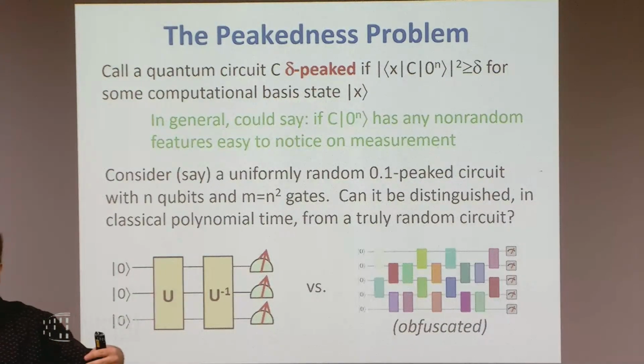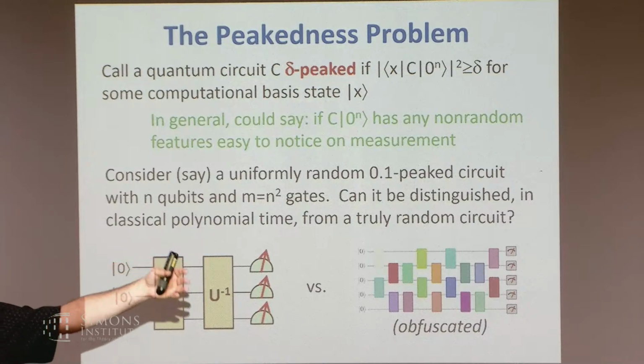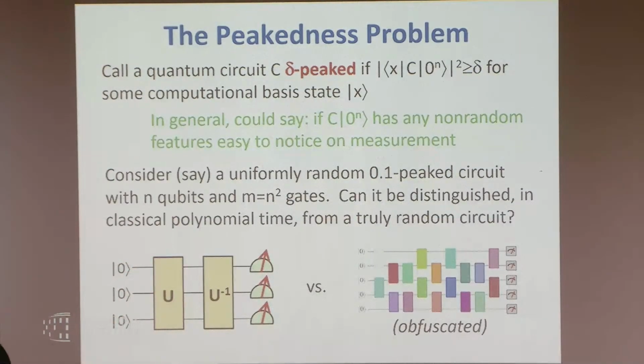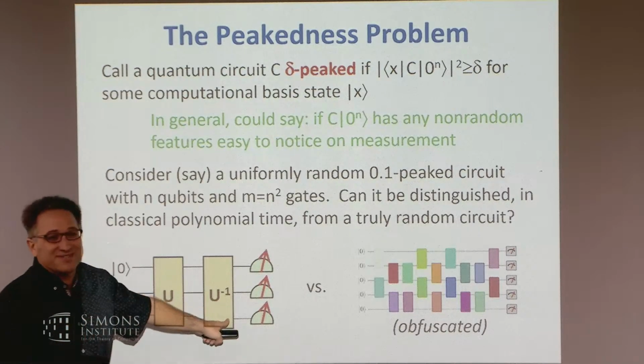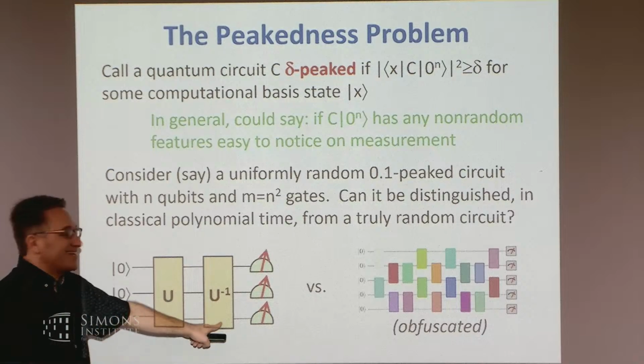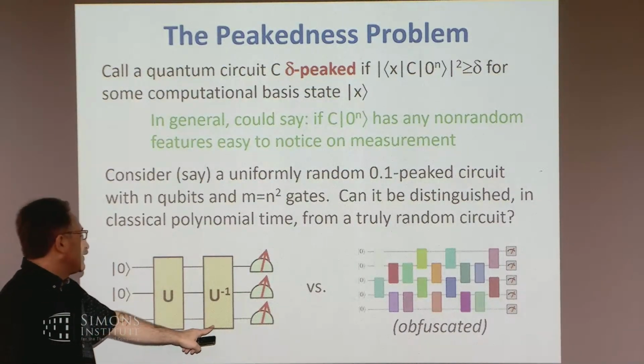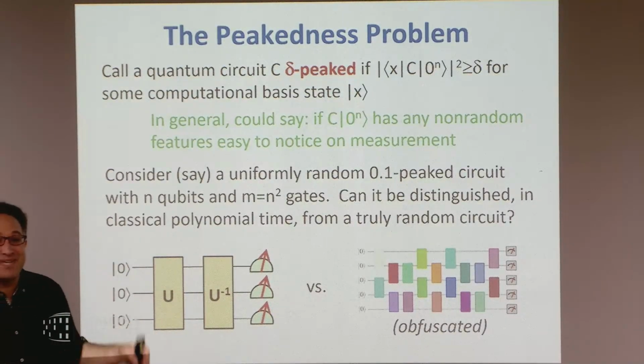There will be nothing random looking about it. Maybe it actually implements Shor's algorithm, but more likely it would just be something silly, like it applies a bunch of random gates and then it inverts those gates to get the identity. That's one simple way of getting a peaked circuit.